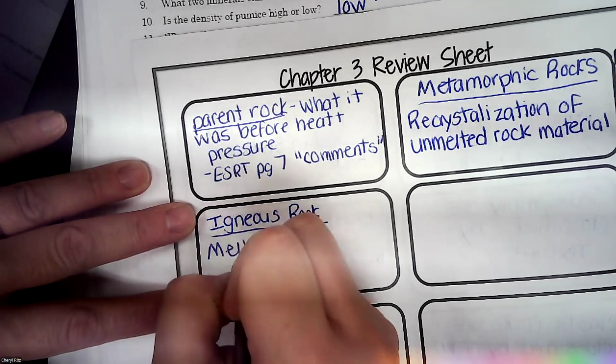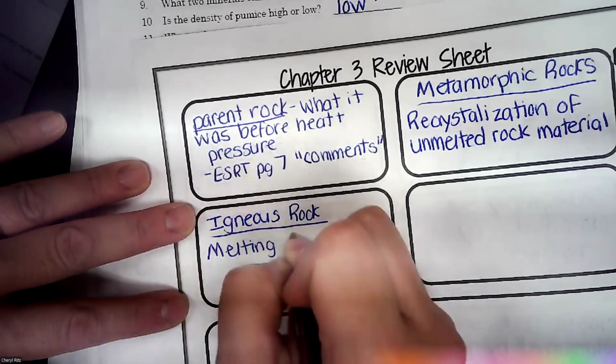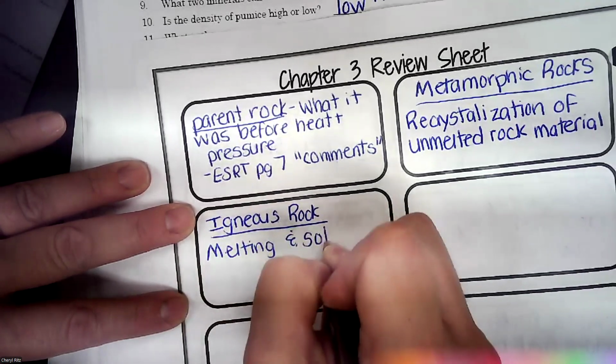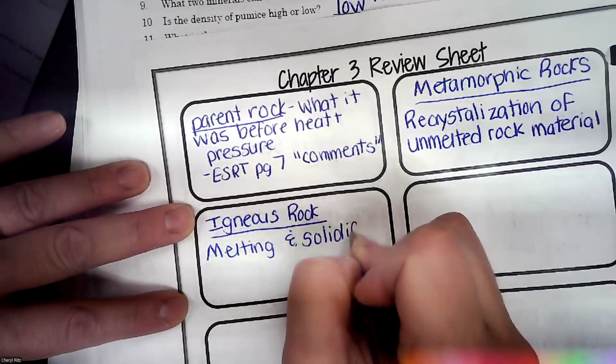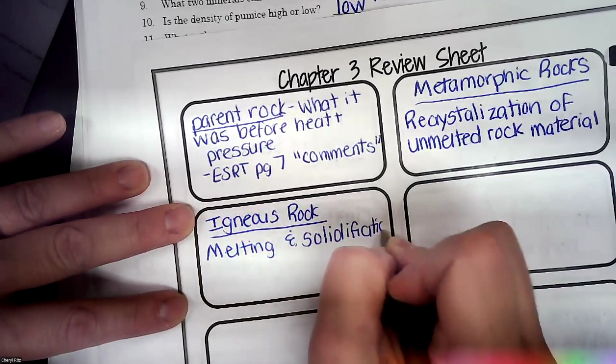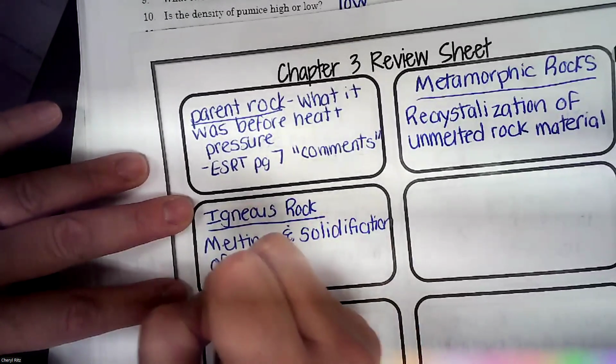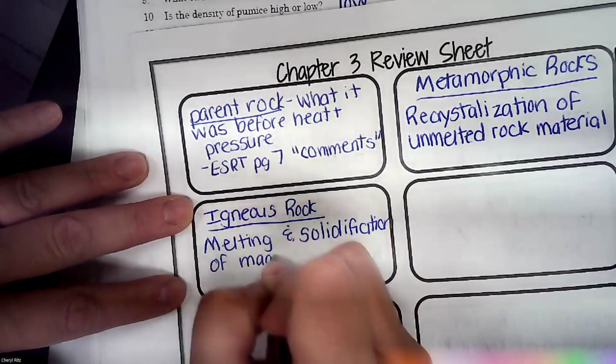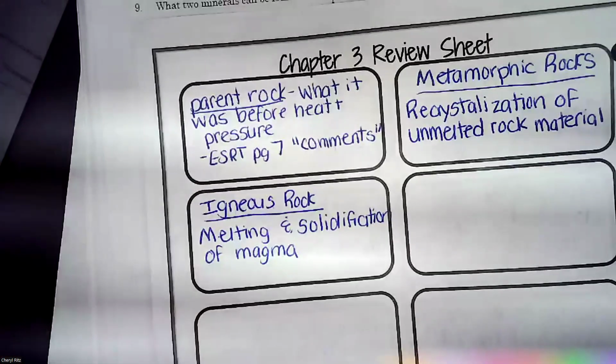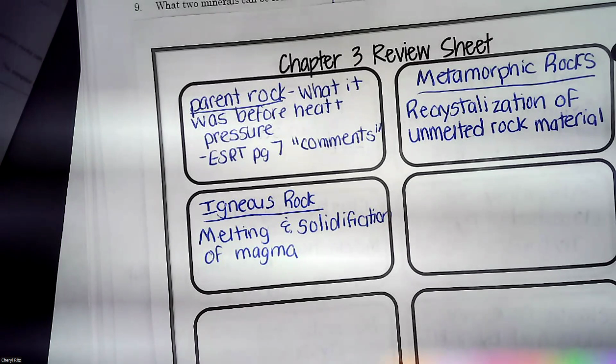I do start with the melting and solidification. I just butchered that, didn't I? No, I didn't. Of magma. So it has to melt into magma, and then the magma solidifies into an igneous rock. Perfect.